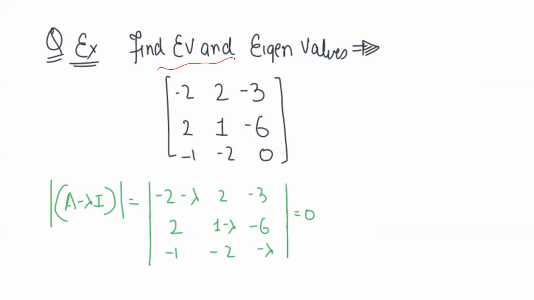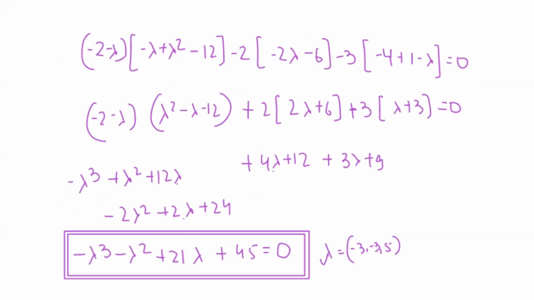Find the eigenvalues and eigenvectors. So this is a matrix A that is given, so we have to convert the matrix into this form, A minus lambda I. Find out the value of lambda from here. So here there are 3 values of lambda.